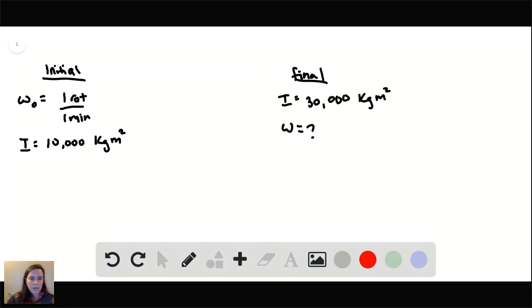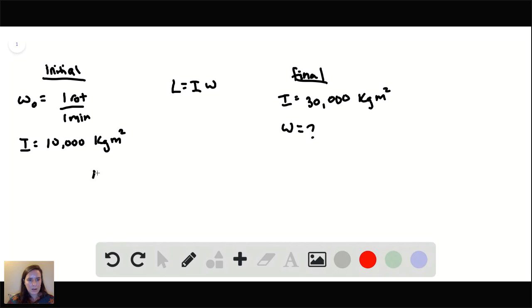All right, so we know that angular momentum is equal to I omega. Omega we could turn into radians per second, but we don't really have to because we could also just look at it in the units that it's in.